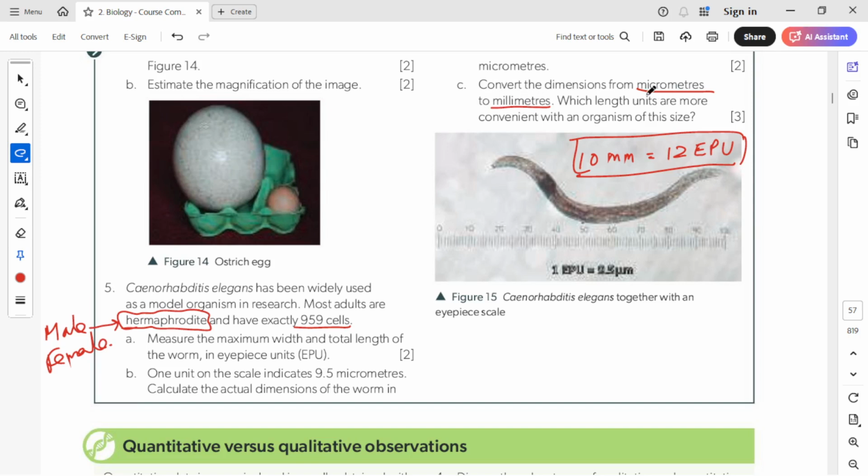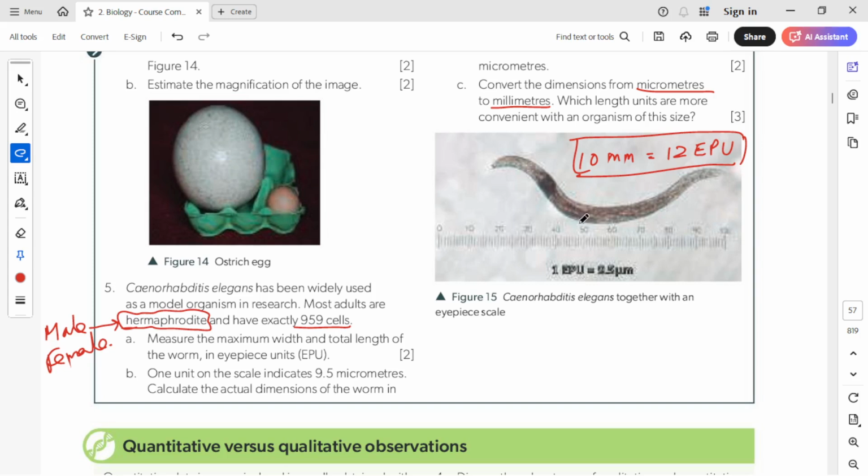So if 10 millimeters is equal to 12 EPUs, and we are taking 10 millimeters into consideration, we'll convert millimeters into micrometers first. Question number 5, part A. Here 10 millimeters is equal to 12 EPU, so that will be equal to 10,000 micrometers equal to 12 EPU, right?